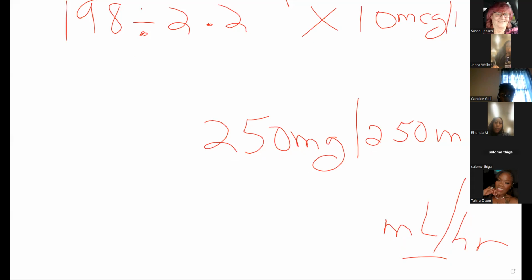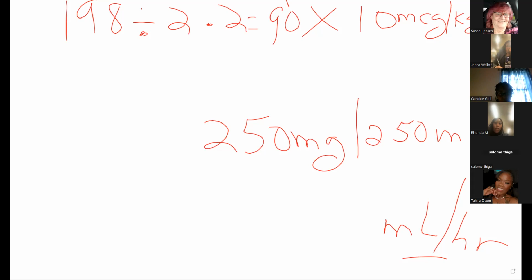All right, this is per kilogram per minute. All right, so my 198 divided by 2.2 equals 90. And I'm going to multiply that times my 10 micrograms. 900.